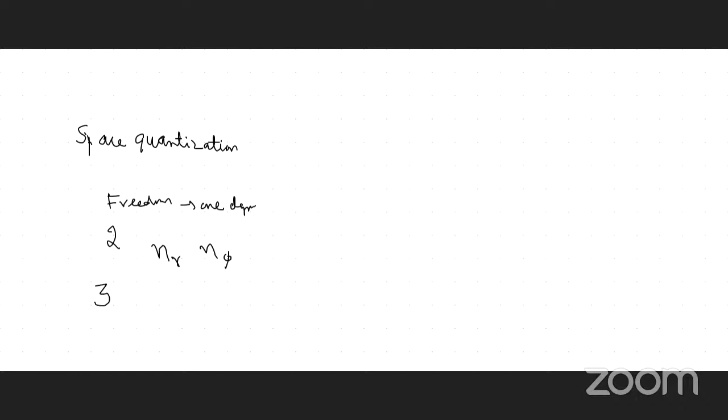Therefore it possesses 3 degrees of freedom. Hence, in addition to the quantum numbers nr and n phi, we need one more quantum number to describe the actual state of the electron revolving around the nucleus.